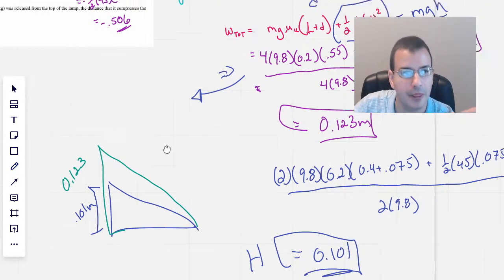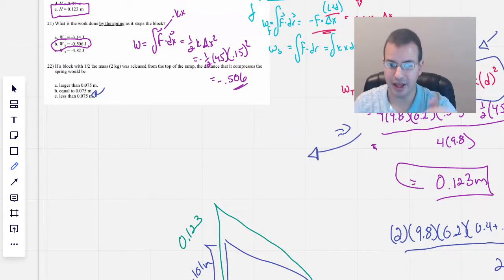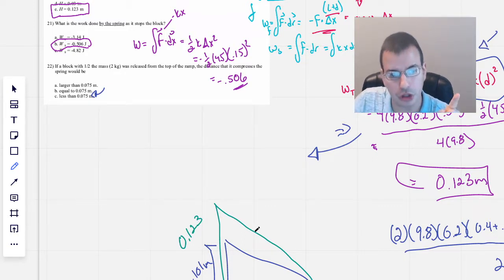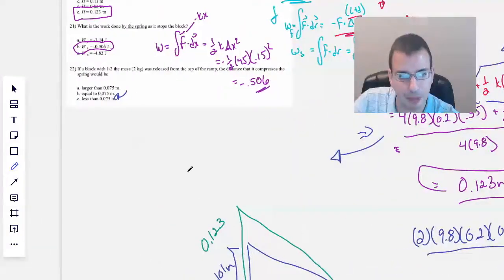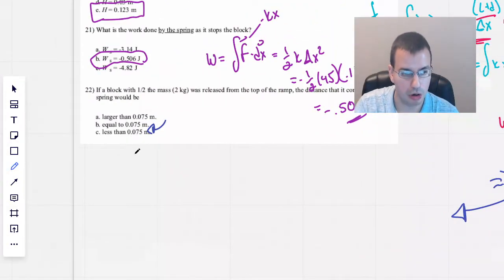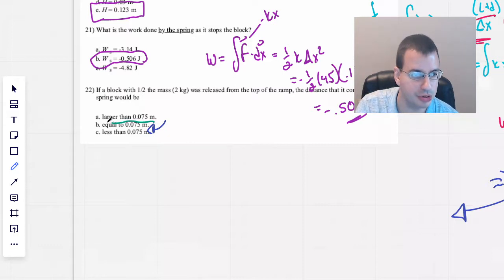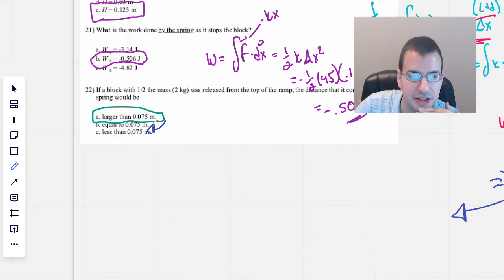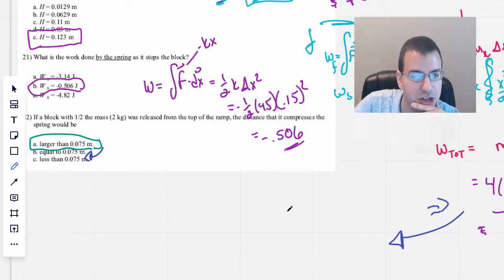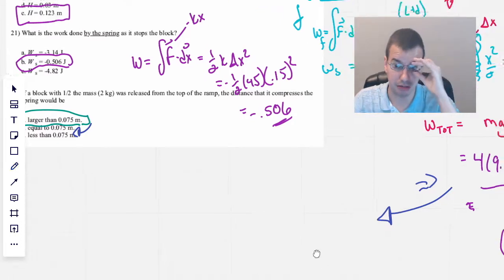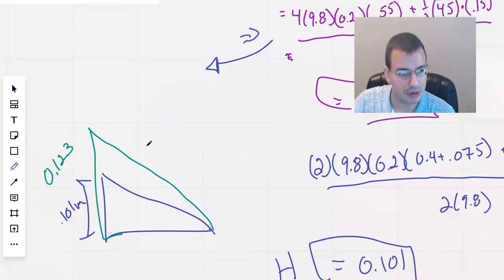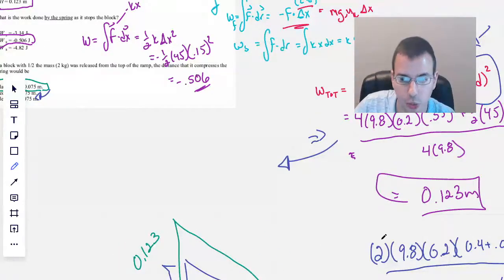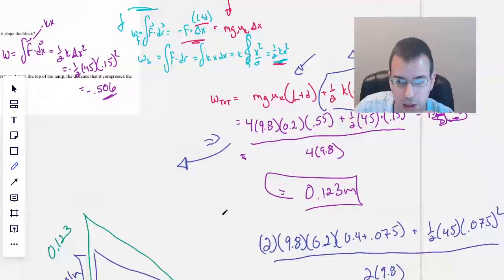And so, therefore, since we have the extra energy, 0.22 meters worth of extra energy, we are going to be able to compress the spring more than 0.075 meters. For a block of 1/2 the mass released from the top of the ramp, the distance that it compresses the spring would be greater than 0.075 meters.